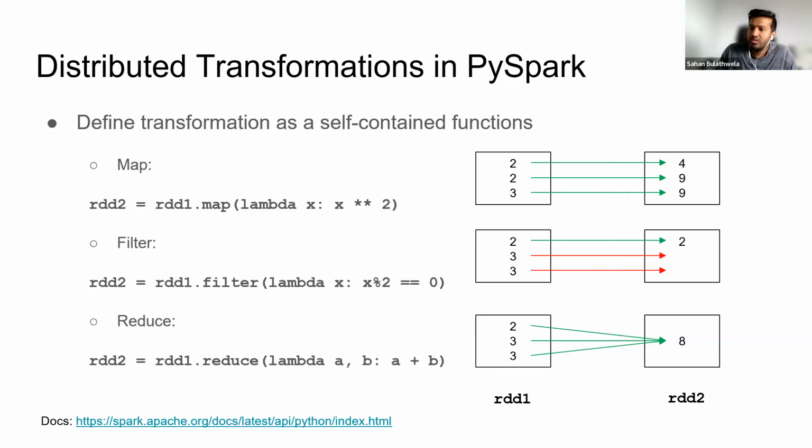One of the core functions that Apache Spark provides is the map function. You can see this is a Python example of how a map function is written. So you have this resilient distributed data set, which is the data that we have loaded from a big data set. And we say we want to use the map function.